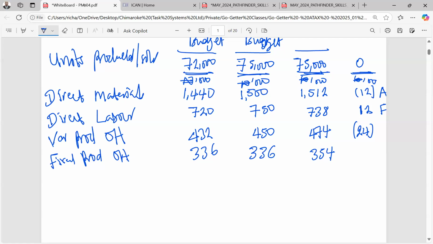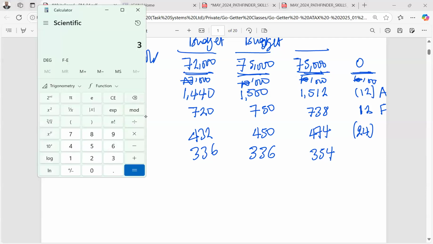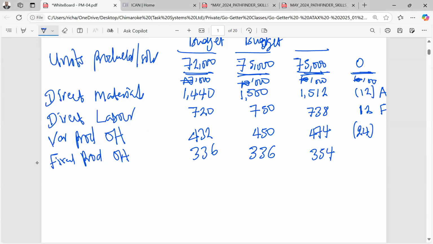Fixed production overhead is fixed. And so we will do 336 minus 354. That gives us minus 18. We'll put it down here.